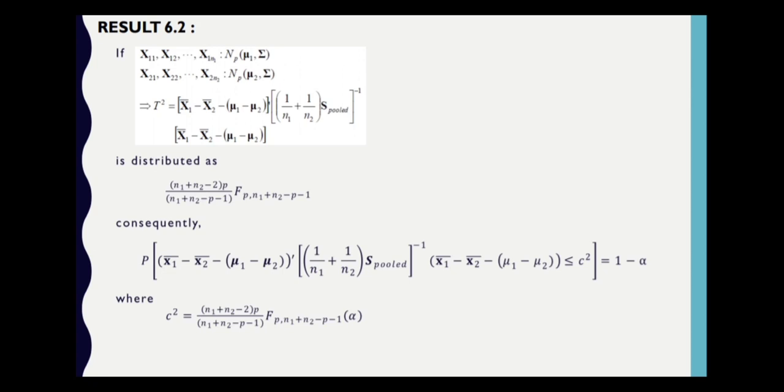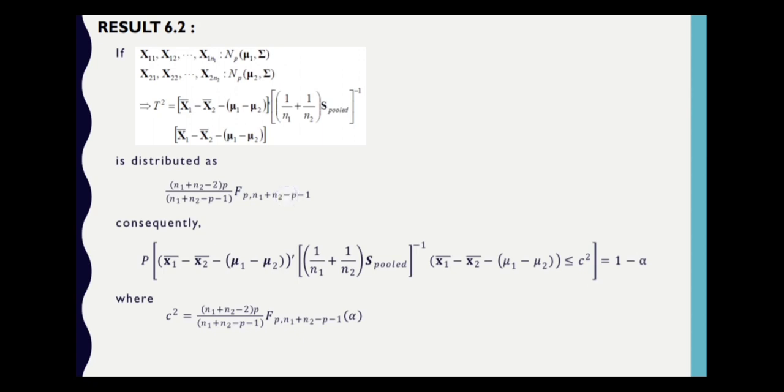Because of this, we will use the distribution of x1 bar minus x2 bar, minus its mean, which is mu1 minus mu2, and then multiply by the inverse of the variance covariance matrix, which we replace with the estimation of the big sigma. So this T-square will be distributed as an F distribution. This is the c-square that you memorized before, so you have to memorize this one.